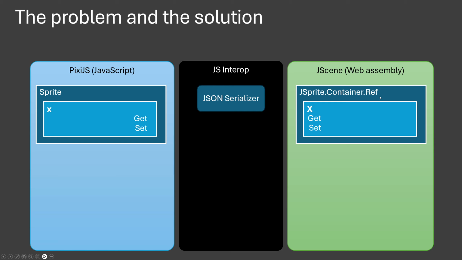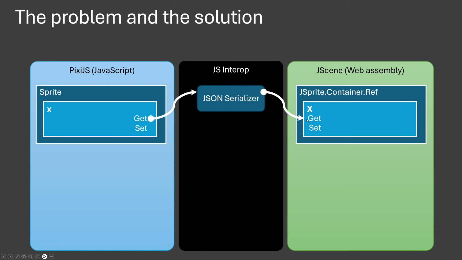There's a link between them where we have the X property on our JSprite that will use the JavaScript interop on the reference object to push data to the JavaScript sprite object referenced by this and get the data from the sprite back into WASM. The way it's done is through the standard JS interop, also wrapped by the SpawnDev library, which is very nicely set up.